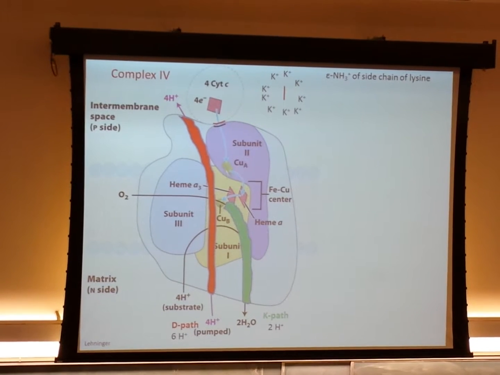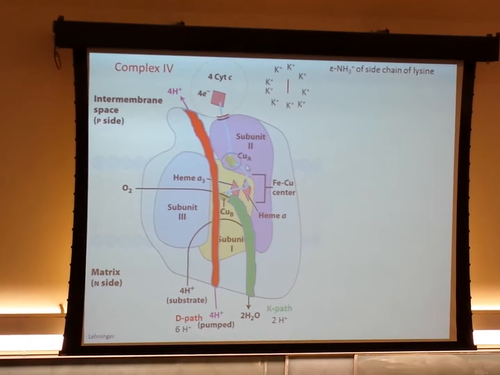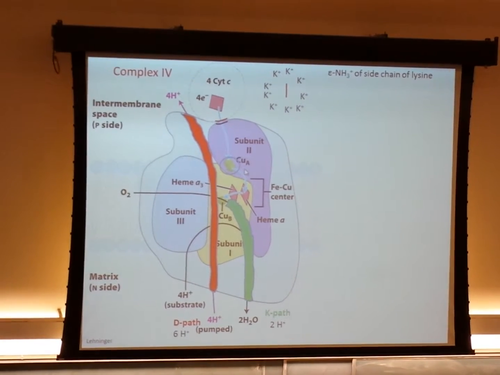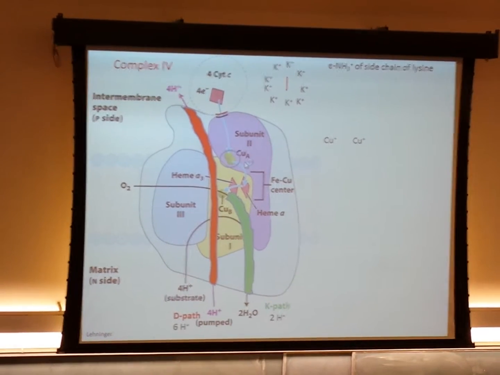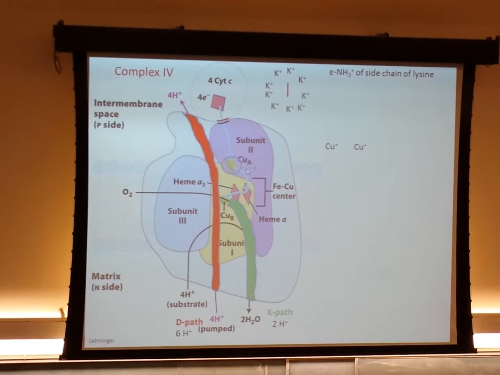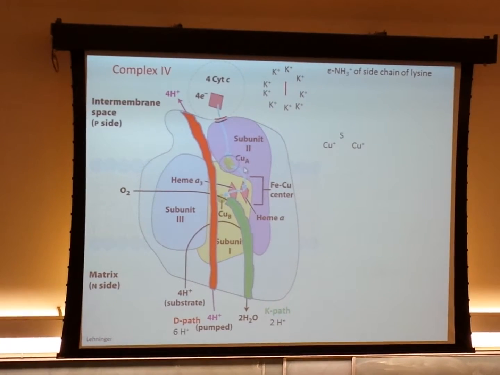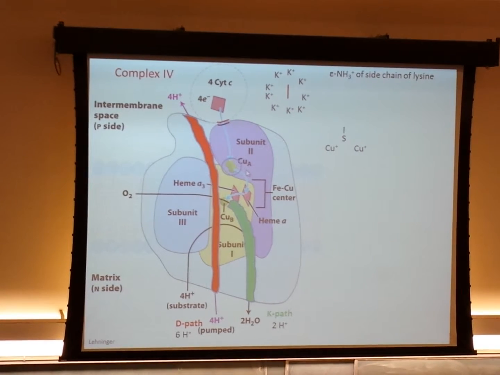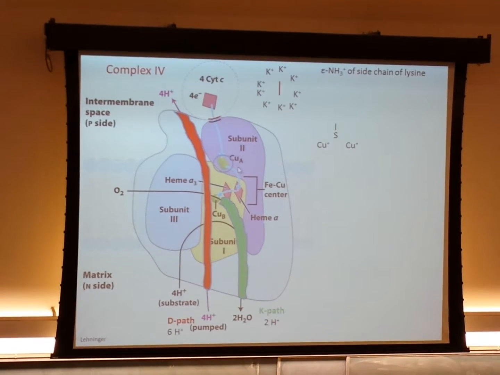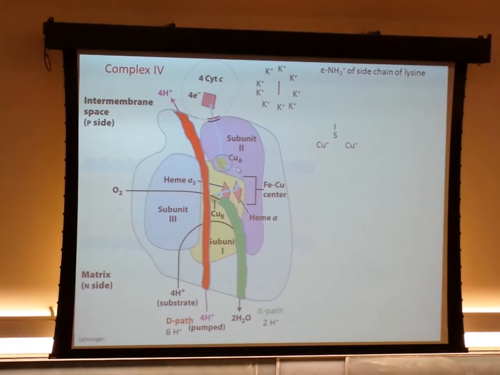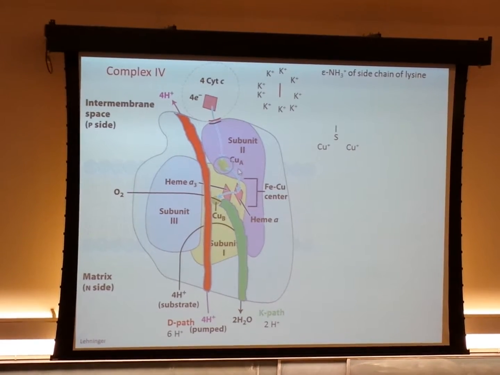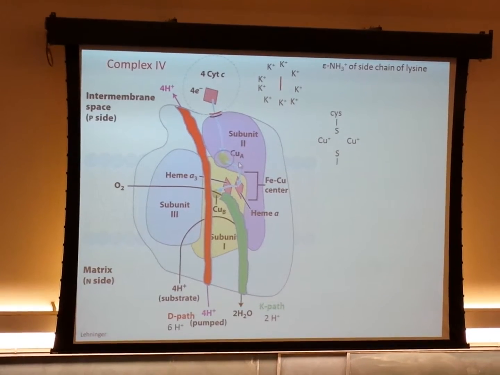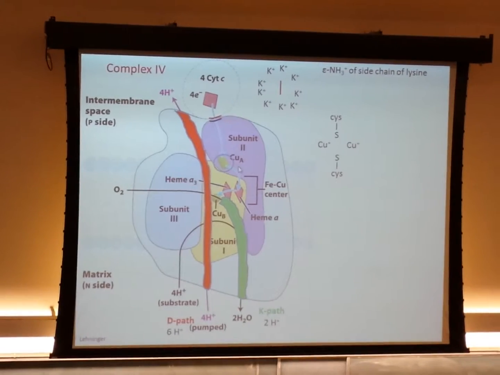Now, let's look at these two coppers here. These two coppers are bound to the protein. They're not, to subunit 2, they're not floating around freely. And so they're in a complex that looks very similar to the 2-iron, 2-sulfur complex that we had on our previous slide. Only this time, the sulfurs are between these coppers.